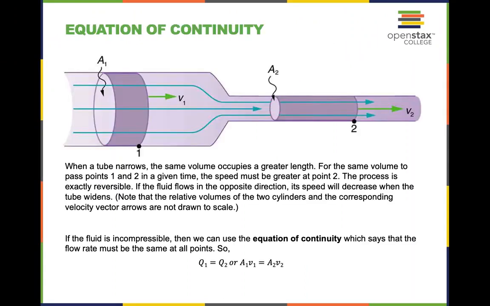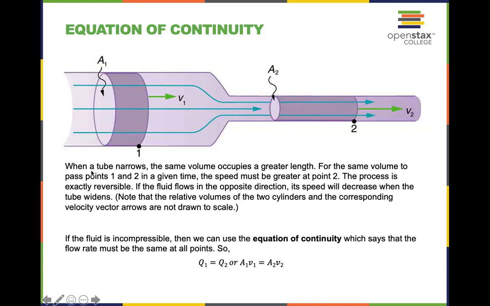So the equation of continuity: when a tube narrows, the same volume occupies a greater length. You have this longer cylinder, but now you have this same volume going into a tighter space right here. See how the cylinder here is wider, but here it's more narrow, but it's longer as well.